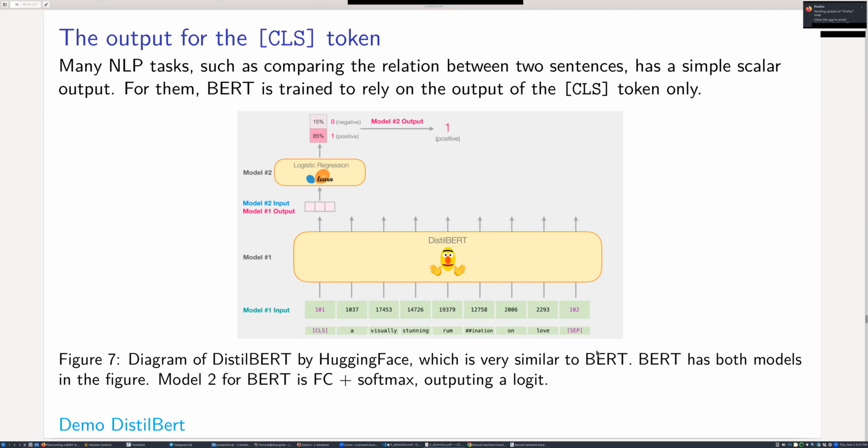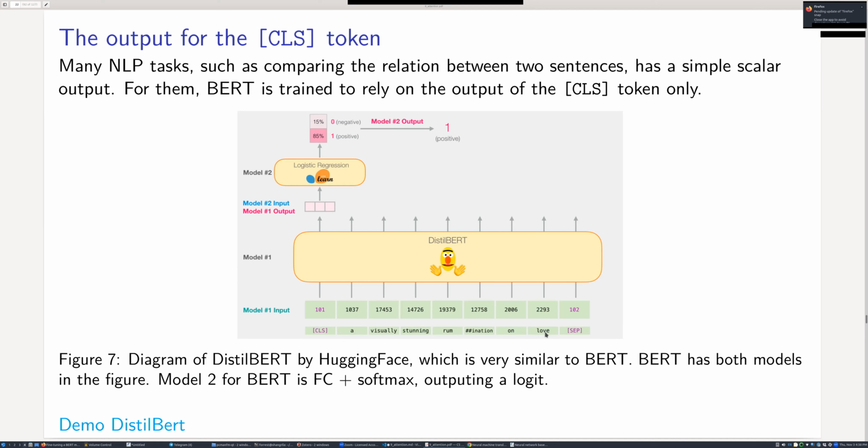For example, we can imagine the attention between CLS and "a" is probably pretty low, because "a" happens so frequently in English and does not carry much semantic meaning. Of course, in some rare cases it might, for example "the" and "a" are different. But in this sentence, the attention between CLS and the words visual, stunning, rumination, and love is probably very high.